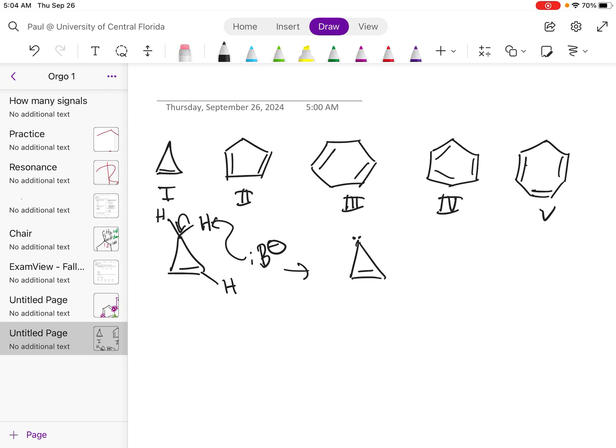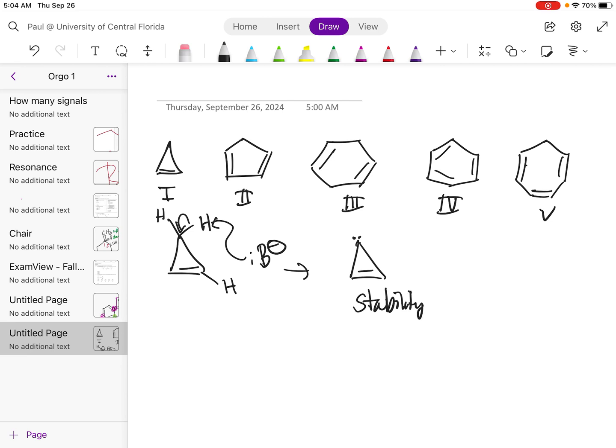It turns into that species right there. And when we take a look at that, could that be aromatic? Because recall that the strength of the acid is dependent on the stability of its conjugate base.